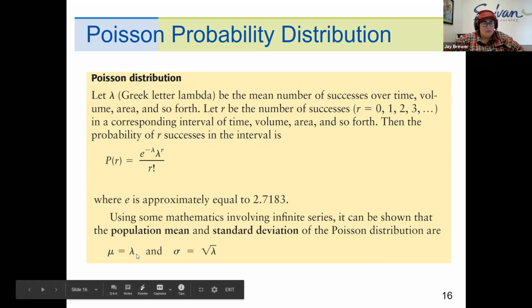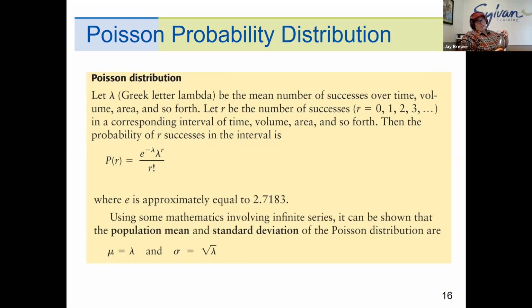Mean is going to be equal to your lambda, and sigma is going to be equal to the square root of your lambda. Again, if you write your notes, make sure that you are writing this stuff out. If you're someone that uses the note cards or the sheet of paper for the exam, you probably want to write it out on there as well.